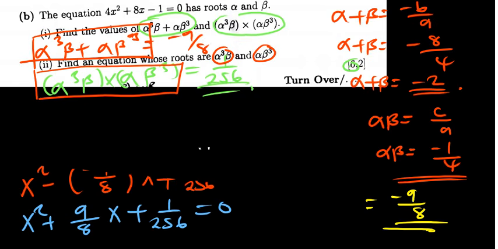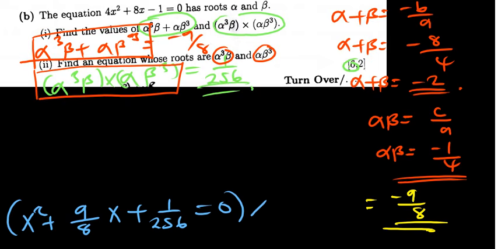To make this equation make sense, what I'm going to do is multiply by 256 to get rid of the fraction. So I'll do times 256 everywhere. I'm not going to do times 8, because if I do times 8 I'll still remain with the fraction here. I want to get rid of the fraction. 256 times x squared is 256 x squared.